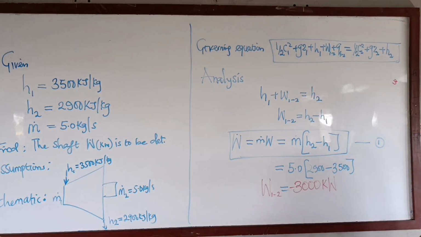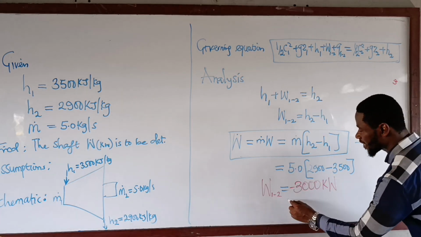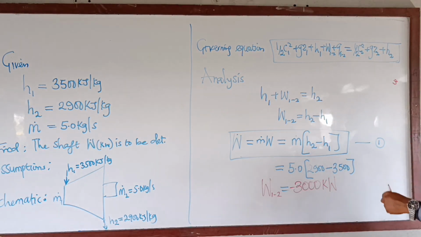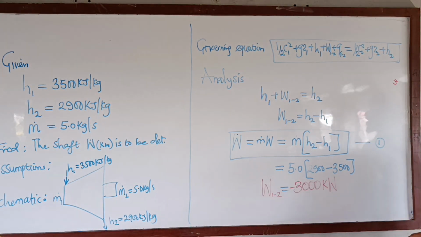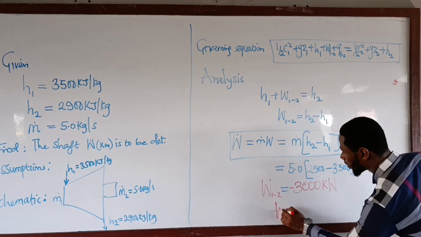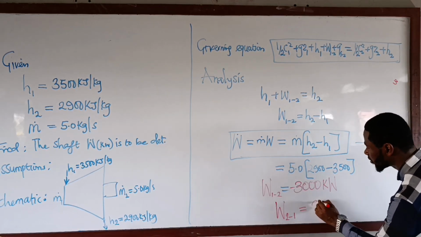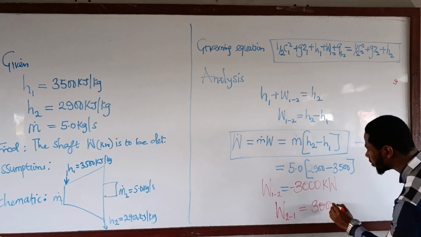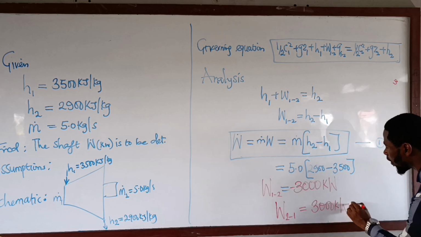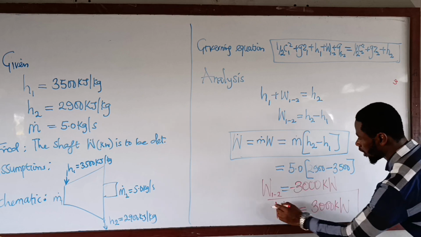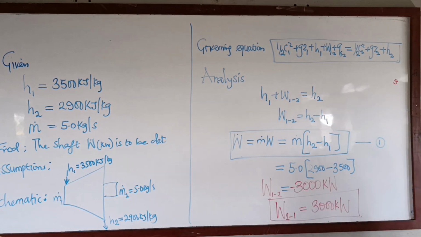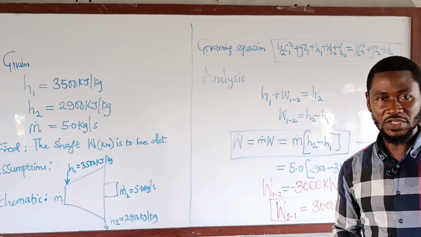Therefore, you can eliminate the negative sign by indicating that since we are talking about a turbine, you need to change the direction of the work done. So W2-1 becomes 3,000 kilowatts. This is the work done, the shaft work in the system.